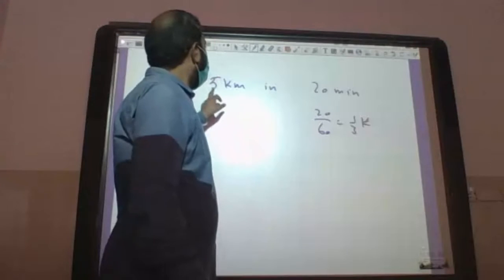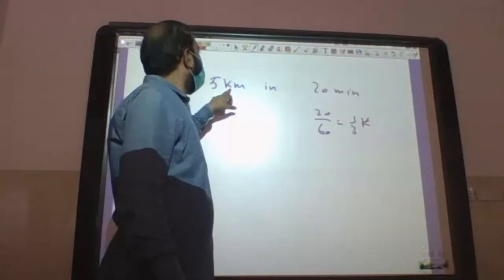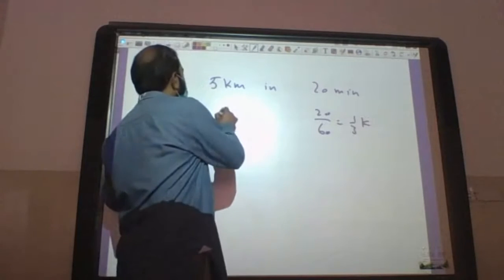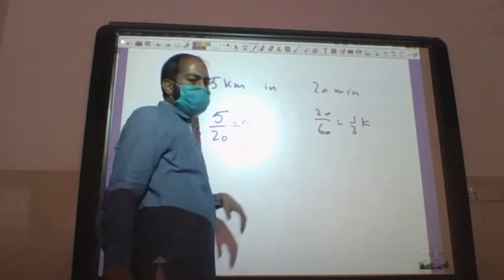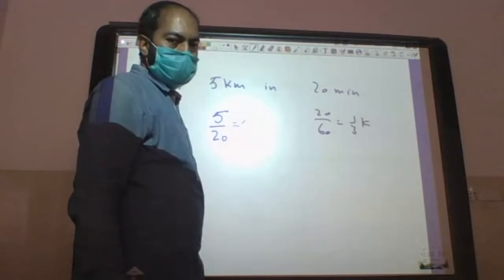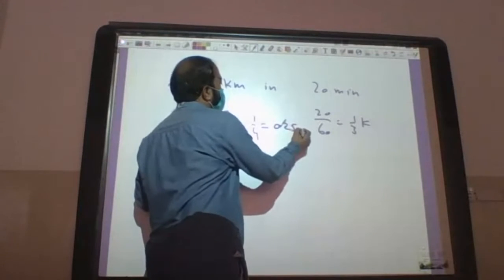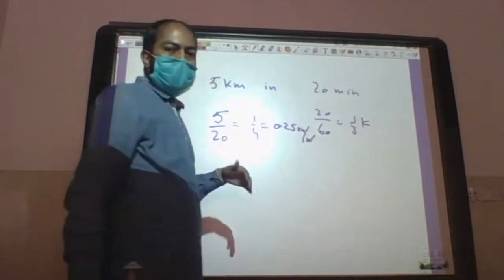Or directly you can take 5 divided by 20, then the rate will be kilometers per minute. It's up to you. 5 by 20, what will be the answer, Gani? 1 divided by 4. It means 0.25 kilometer per minute. 1 by 4 means 0.25.